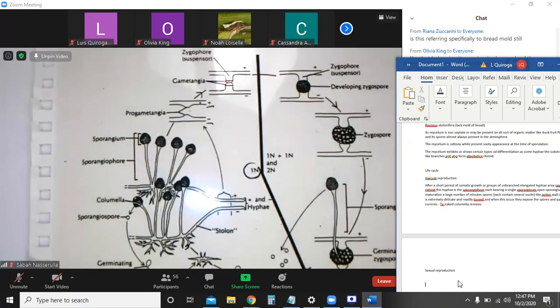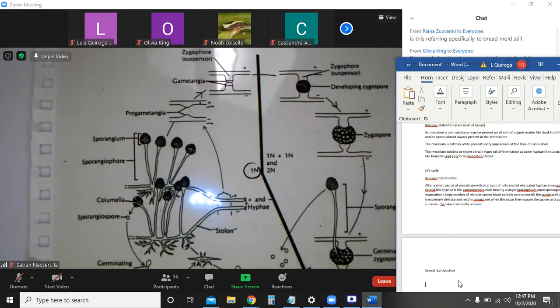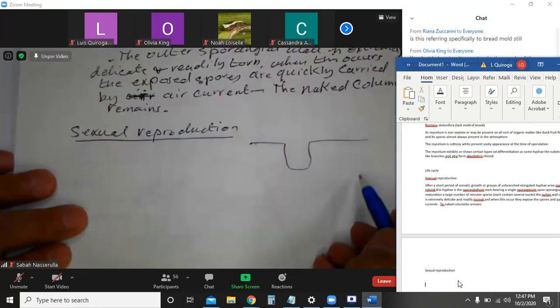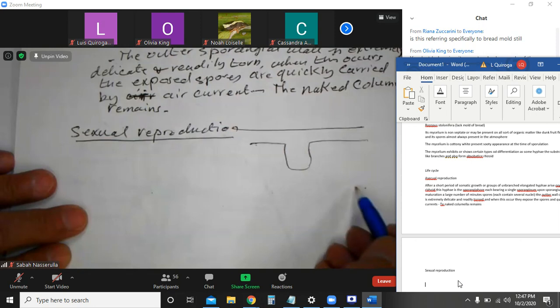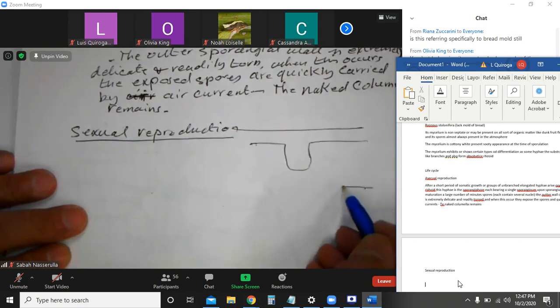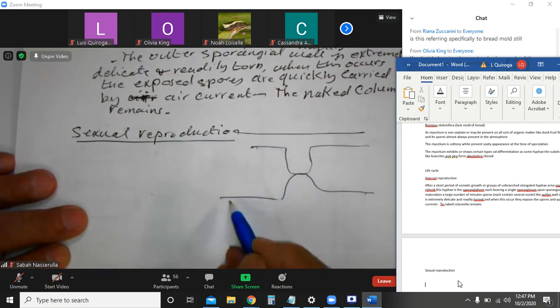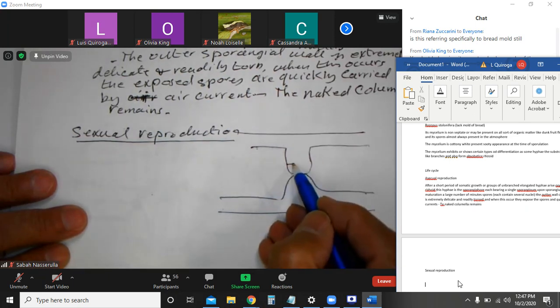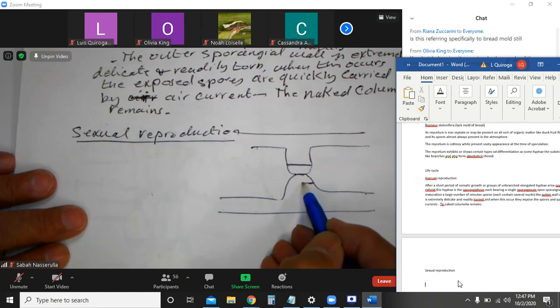So if I draw this one like this, give me a second. If this is one hypha, like this, and this is the other hypha, like this, they will touch each other. When they touch, later on a septum will develop here, and a septum will develop there.